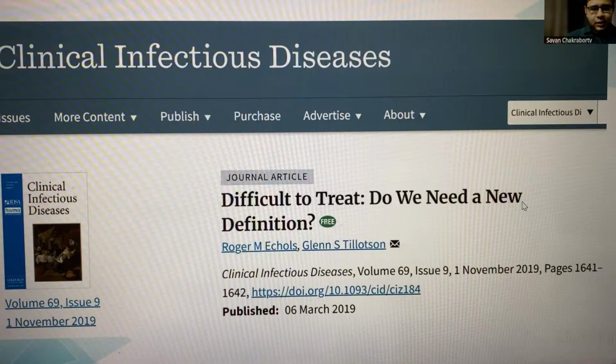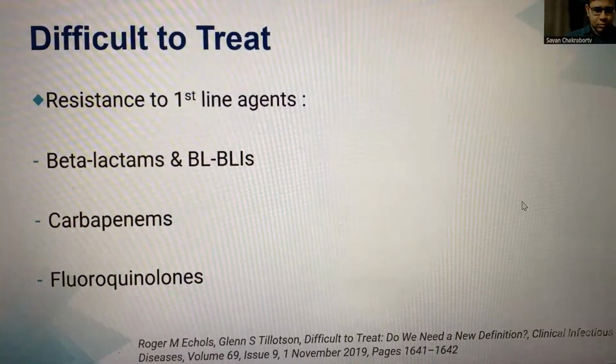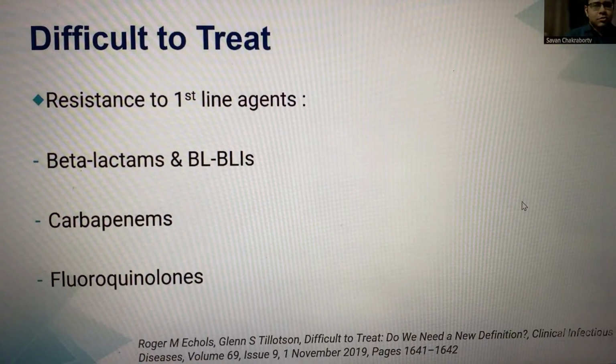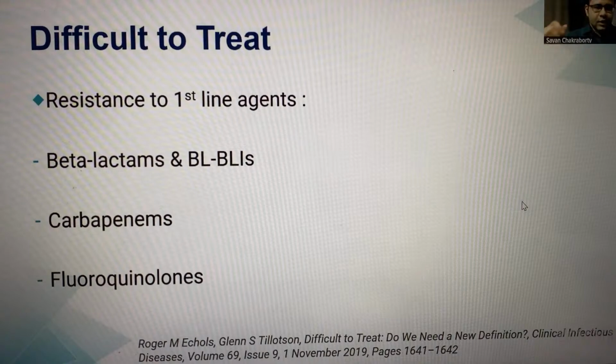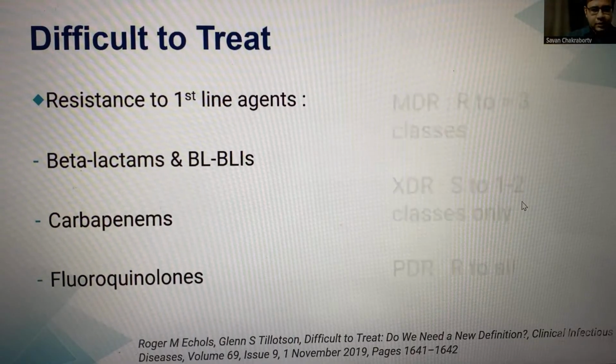Difficult to treat, and we really need this kind of new definition, because we already know that there is something called MDR, there is something called XDR and DTR. So difficult-to-treat infection is actually resistance to the first line agents like the beta-lactams and the beta-lactam inhibitors, carbapenems and fluoroquinolones. So DTR always has a very specific kind of resistance to these particular classes of antibiotics.